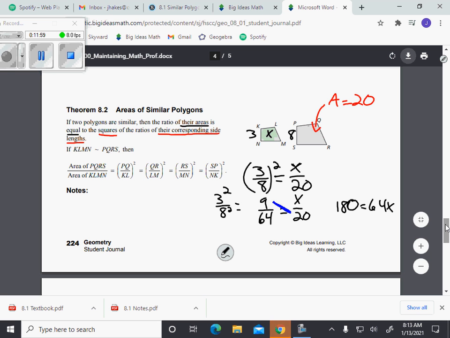You should get around 2.8. Yeah, about 2.8. So the area is a little different. We have to square the ratios of the side lengths.